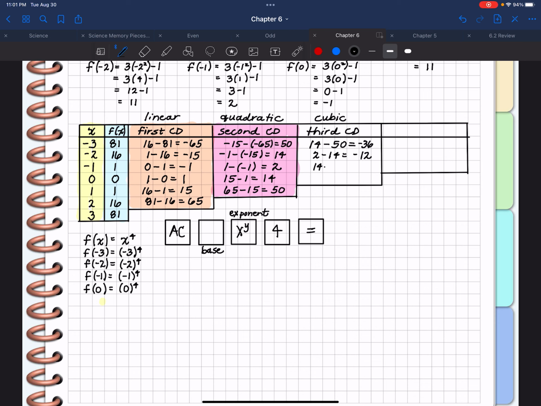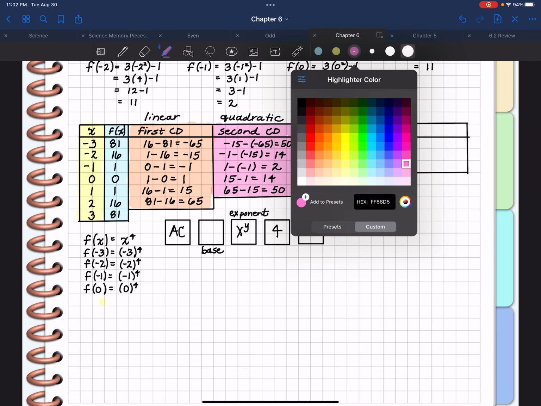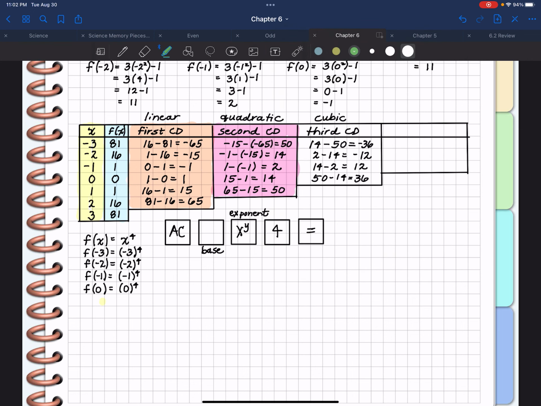And then 14 minus 2 is positive 12. And 50 minus 14 is 36. So even at the third level, there is no commonality. So it's not a cubic function.